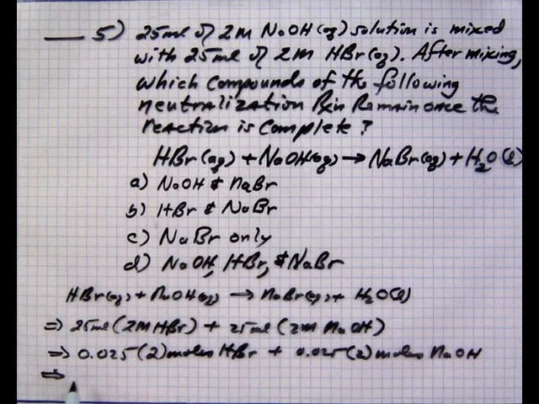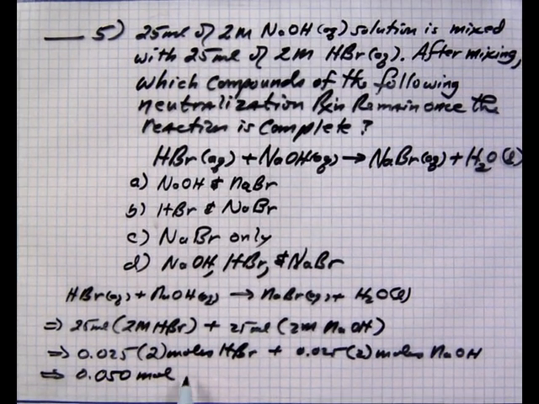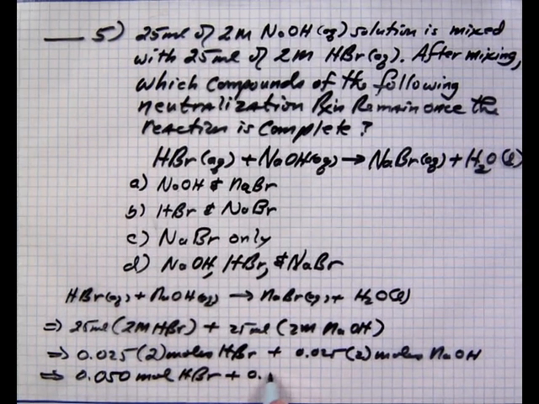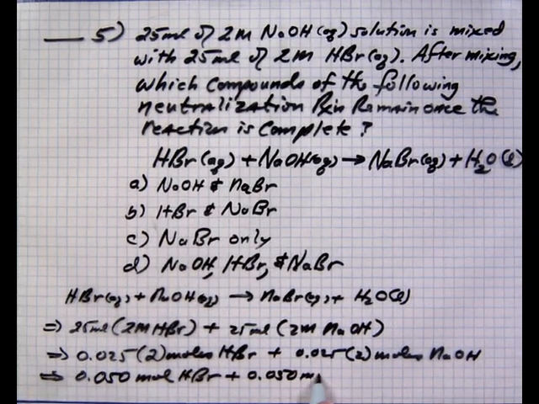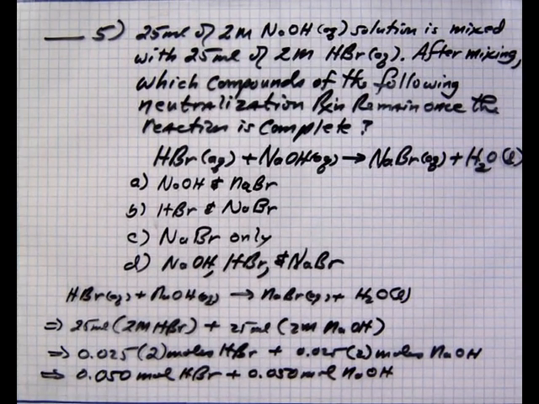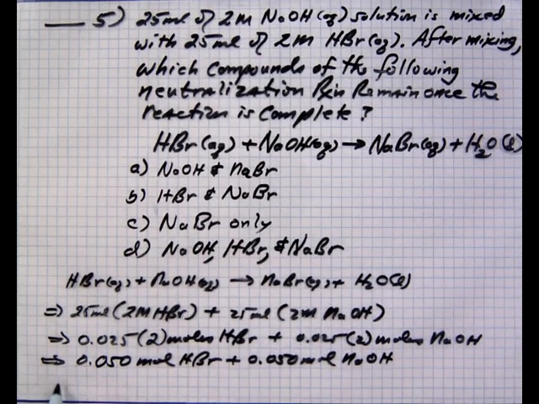And so this gives us 0.050 mole of HBr mixing with 0.050 mole of NaOH. So in this case, equal molar amounts would leave only the salt remaining.